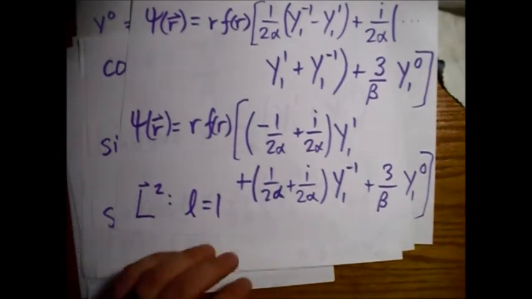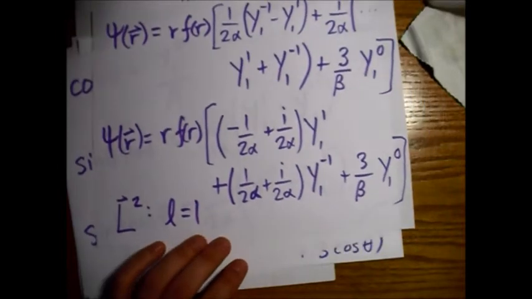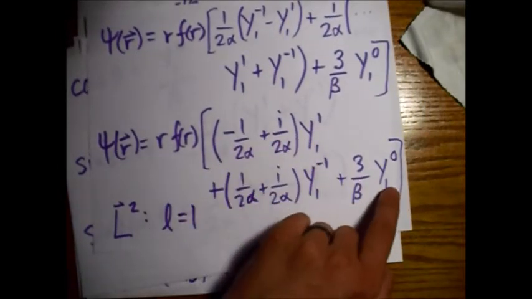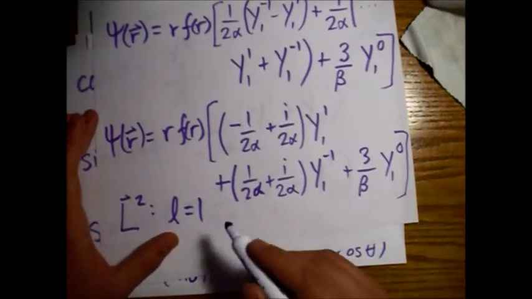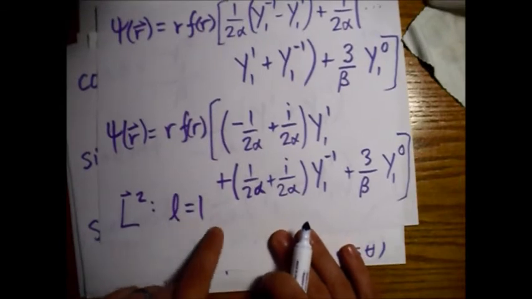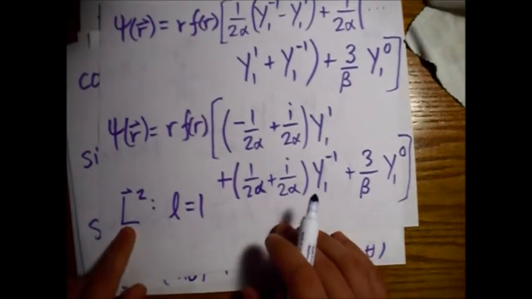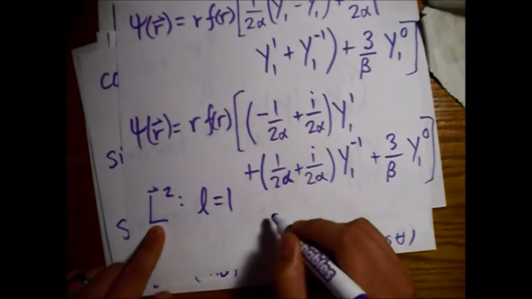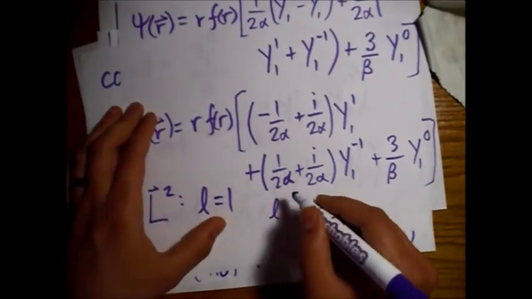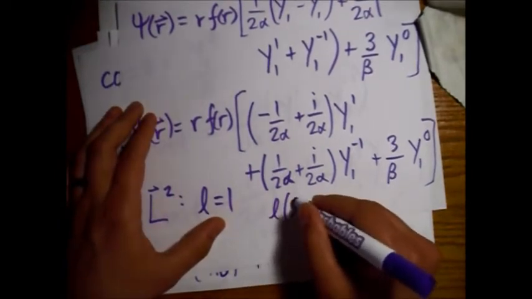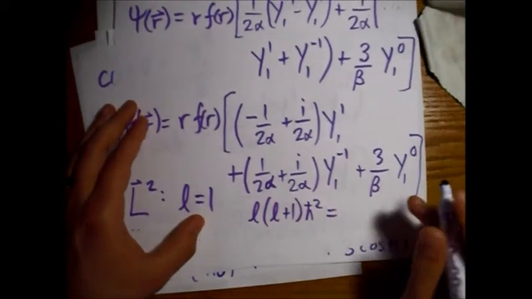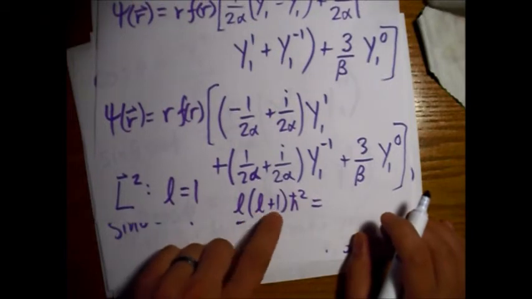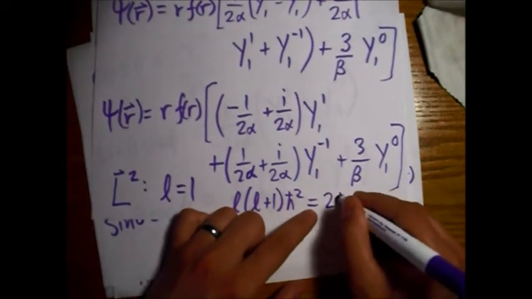So it's degenerate, right? We have a mixture of these different eigenfunctions, but they all have the same eigenvalue of l equals 1. So measuring this state every single time, we'll come up with l equals 1. And so our answer for this angular momentum squared part is l times l plus 1 times h bar squared, which is equal to, since l is equal to 1, 2 h bar squared.